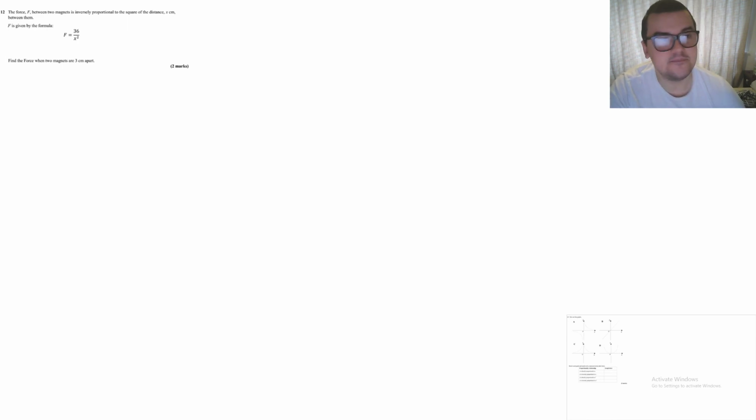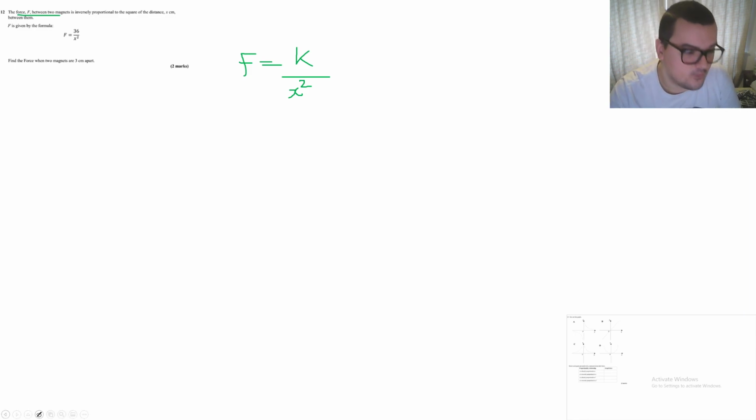So when it says inversely proportional to the square of the distance, we say that this variable here is some number divided by what it's inversely proportional to. So that's why in the other question, when I said that it takes the machines a certain amount of days to do something, we put the machines equals k over the days, and then we'd solve for this unknown number by multiplying both sides by what's on the bottom.